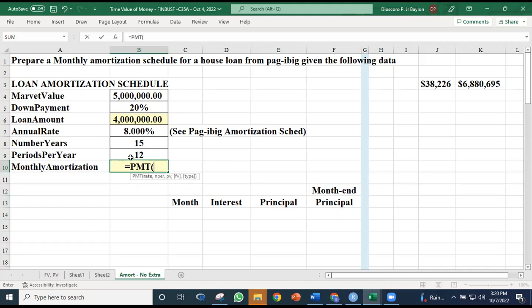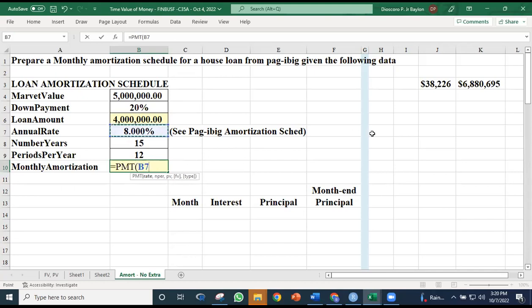So this means 12 times a year. If you recall from our discussion last time, your rate will depend on the number of compounding. It's 8% if it's only compounding once a year. But if we're compounding monthly, how much will our rate be?